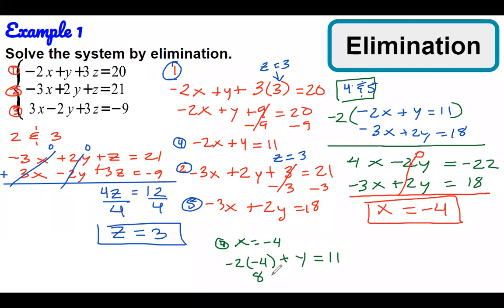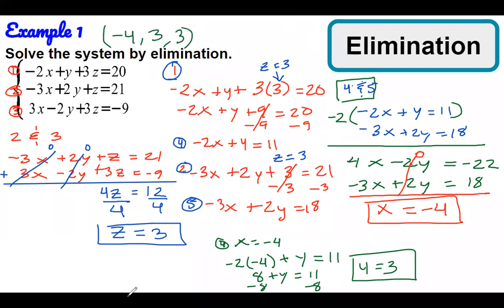We have +8 plus y equals 11. Subtract 8. And we're left with y equals beautiful 3. All right, so we have our coordinates. x is -4, y is +3, and z is also +3. Not too bad, right?